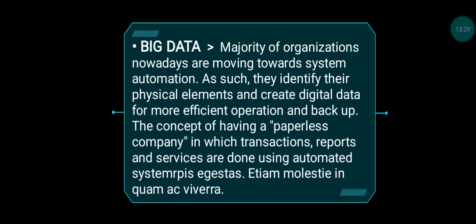Majority of organizations nowadays are moving towards system automation. As such, they identify their physical element and create digital data for more efficient operation and backup. The concept of having paperless company in which transactions, reports, and services are done using automated system, which means the big data helps organizations move more towards automation by converting physical processes into digital data.